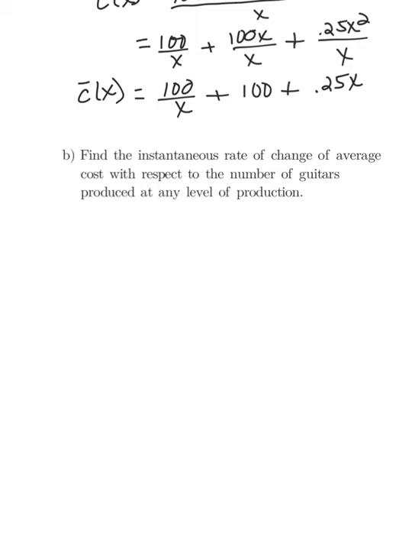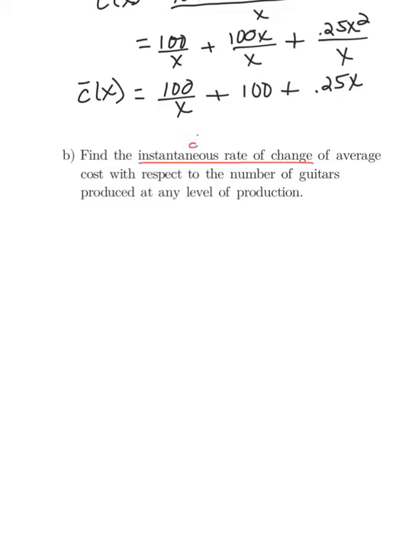Question B says, find the instantaneous rate of change of average cost with respect to the number of guitars produced at any level of production. So this is a lot of big words to tell you something actually pretty basic. Remember, instantaneous rate of change, we said, was always going to be wording to find a derivative.